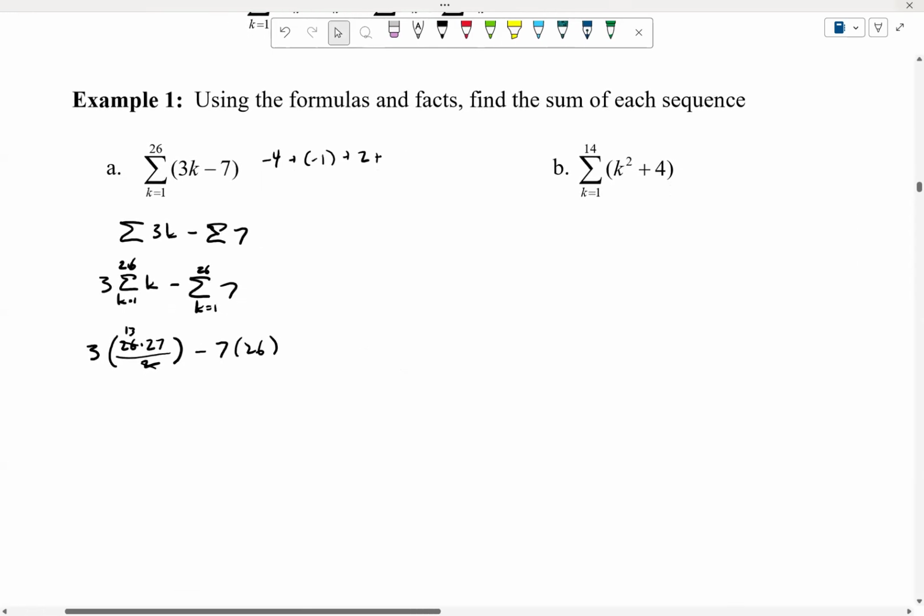Go ahead and do B, using the tools from this page, please.